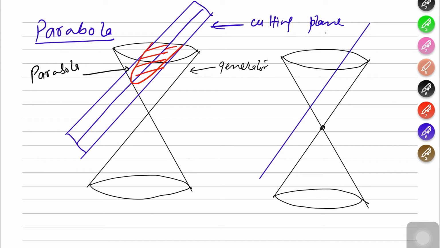If we see the angle, this angle is beta and this angle is alpha. This is the cutting plane, and this cutting plane is parallel to the generator. This is the generator. That is, if alpha is equal to beta, we get a parabola.